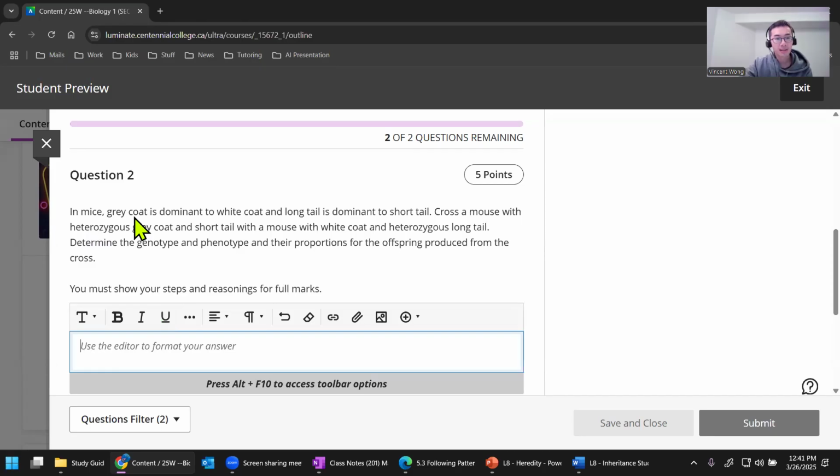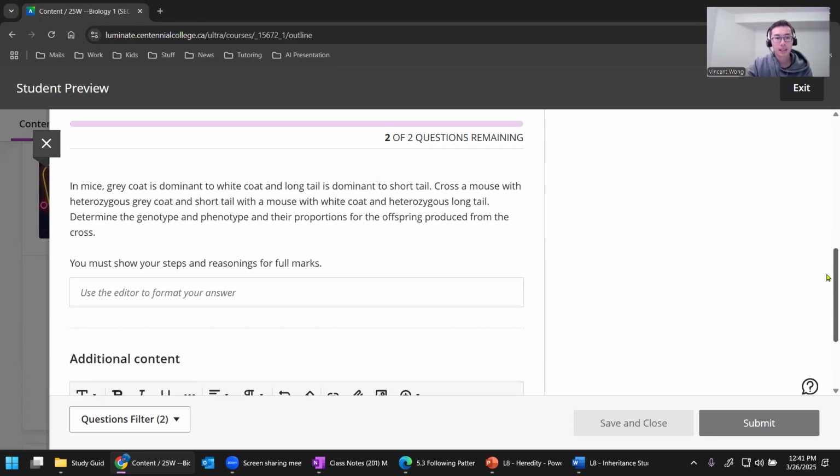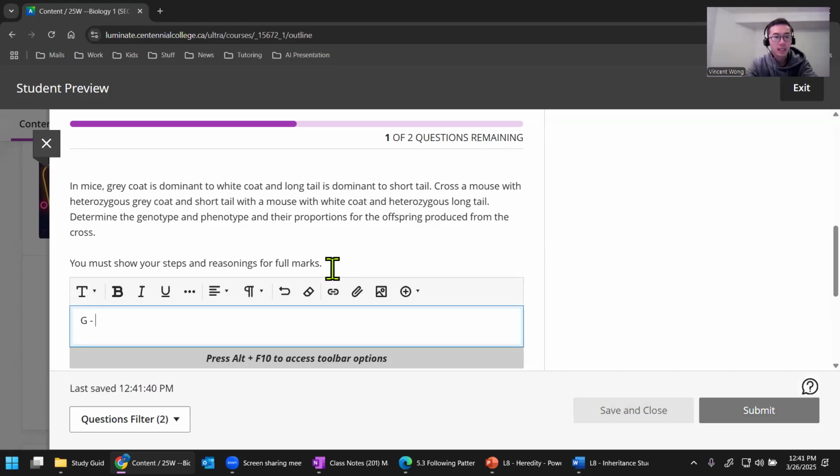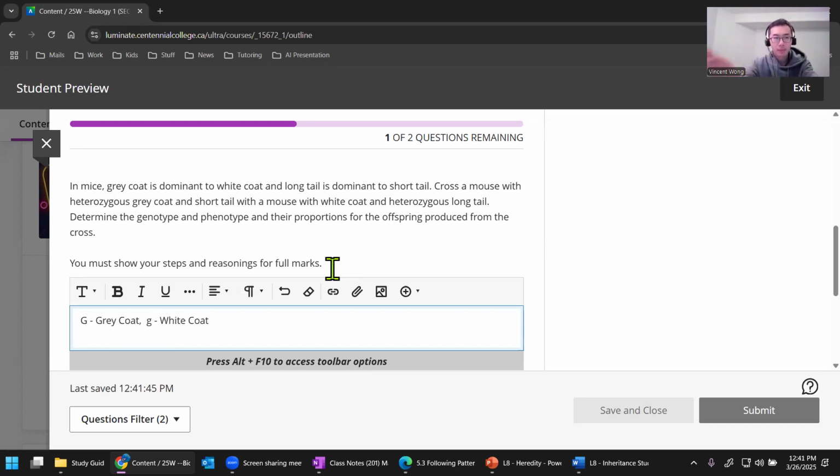In mice, gray coat is dominant to white coat. So first thing I'm gonna do is I'm gonna go like big G is gray coat, which means small g is white coat. Okay, you need to let me know what letter represents what.